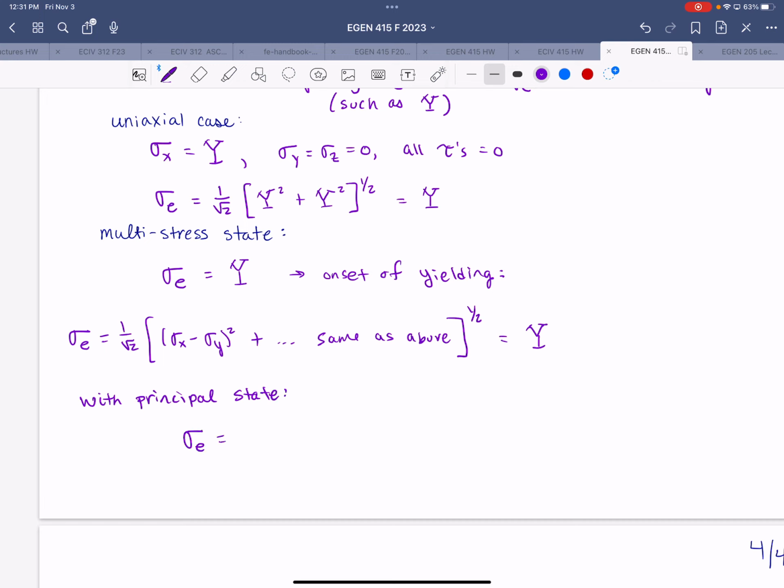So you'd have sigma E is equal to 1 over the square root of 2 times sigma 1 minus sigma 2 squared plus sigma 2 minus sigma 3 squared plus sigma 1 minus sigma 3 squared, to the 1/2 power, and that's equal to the yield stress.